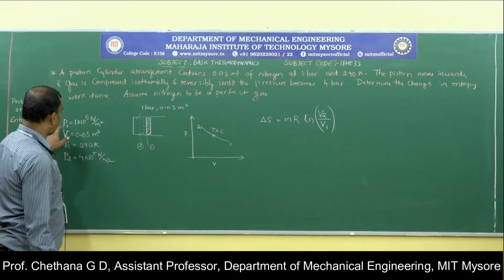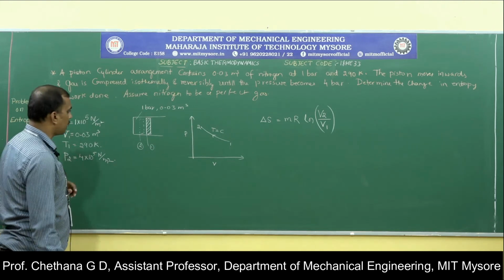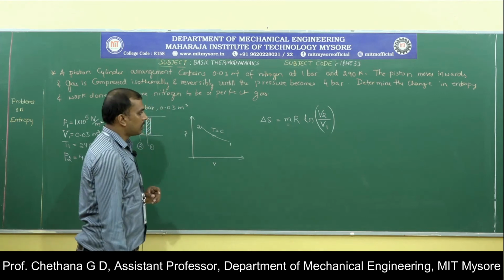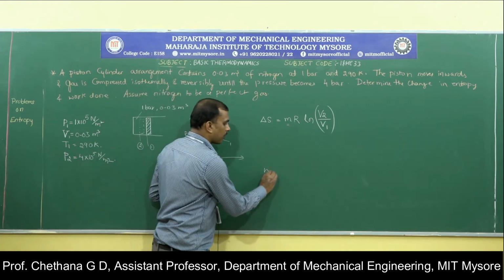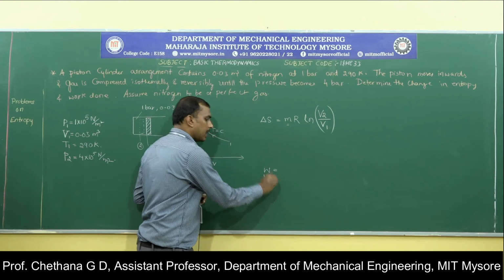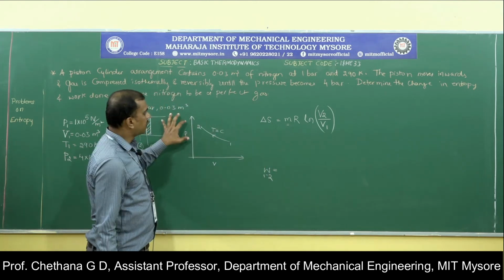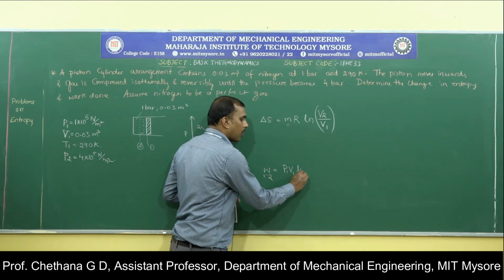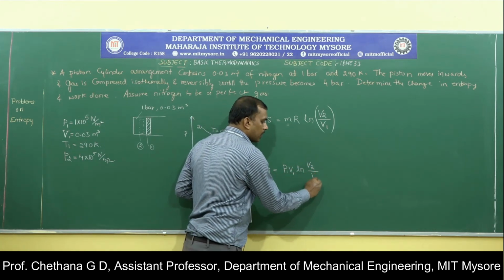On the other hand, you have P1, P2, V1 and T1. Now you do not have the value of mass, okay, so that we will see. Then work transfer in an isothermal process is given by P1 V1 ln of V2 by V1.